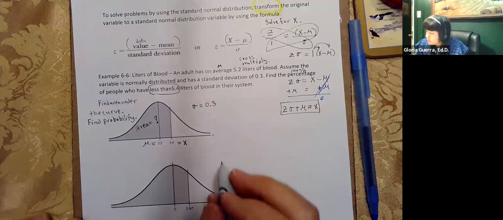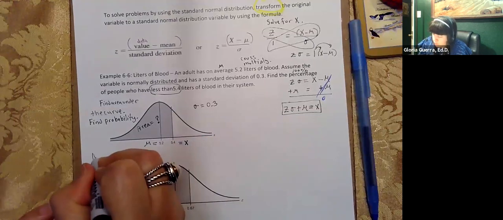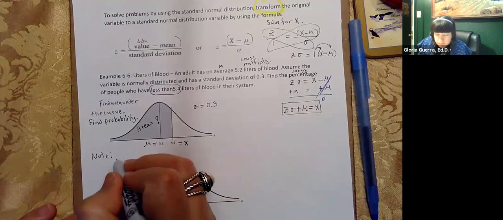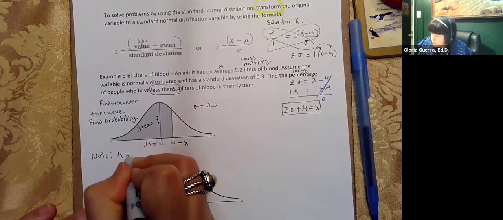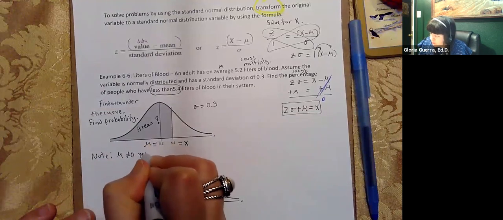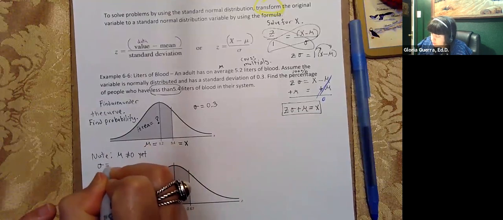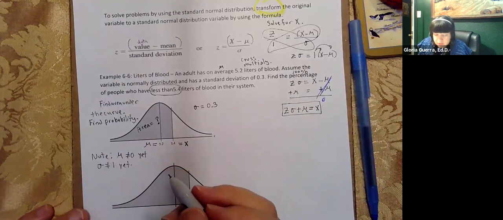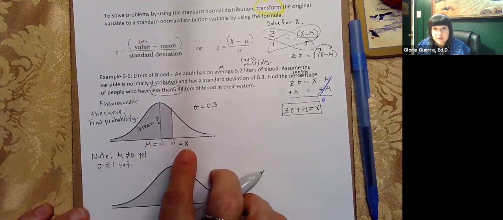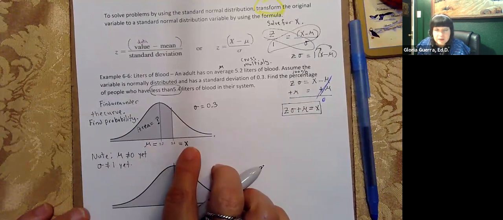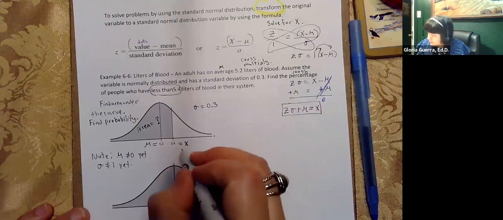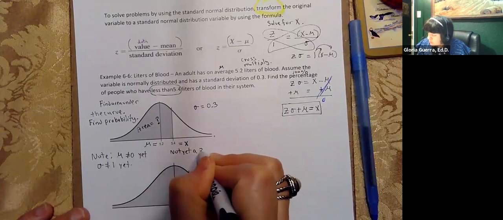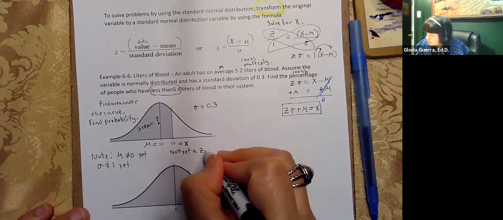And so I want you to note that mu is not equal to 0 yet, that sigma is not equal to 1 yet, and I want you to notice that this is an x and not yet a z until we transform it.